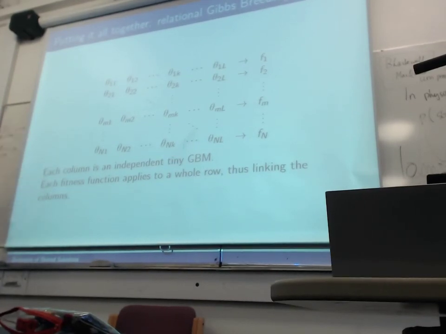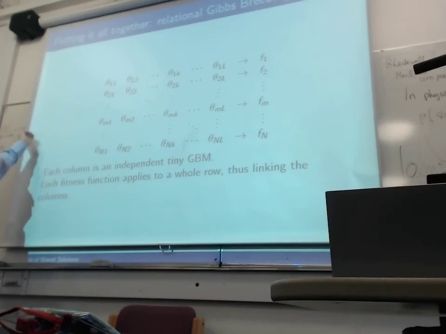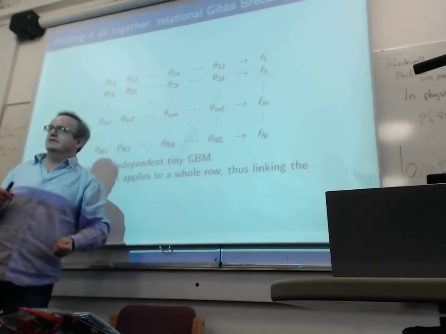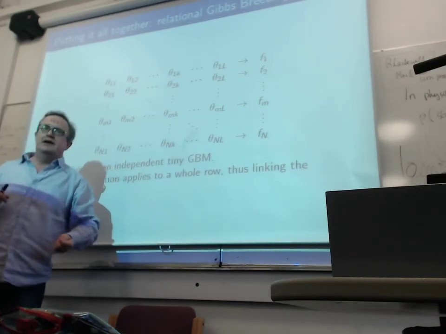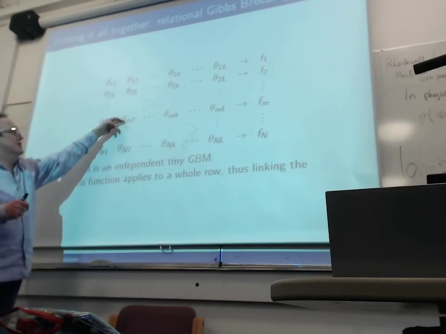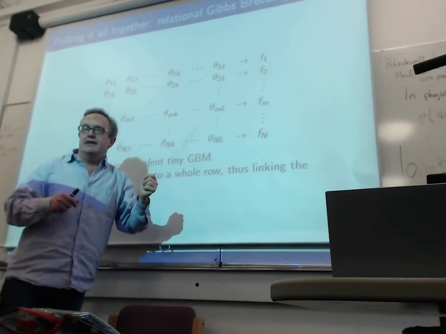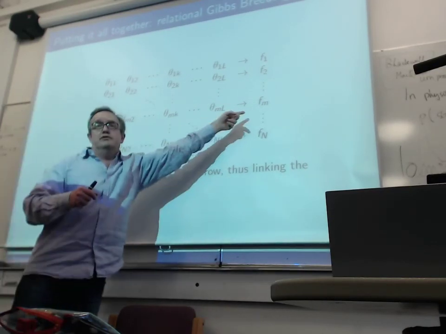And the genetic, biologically inspired breeding is to do a whole row at a time. That is, we eliminate an organism, so we zap an entire row of these. Then the breeding process is to propose a value here, propose a value there, propose a value here, propose a value there, and then accept it all according to the fitness function.